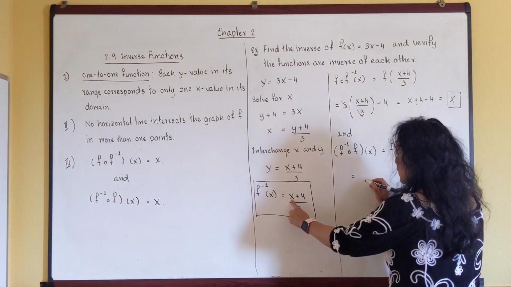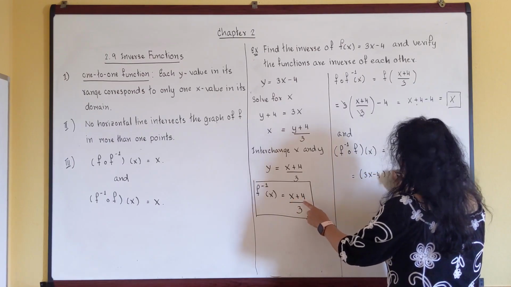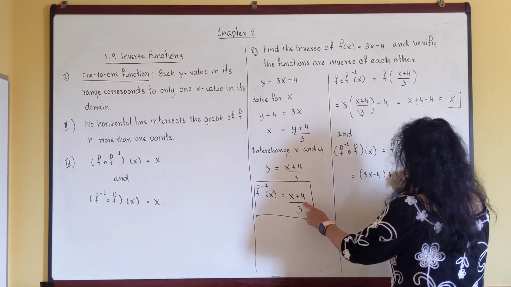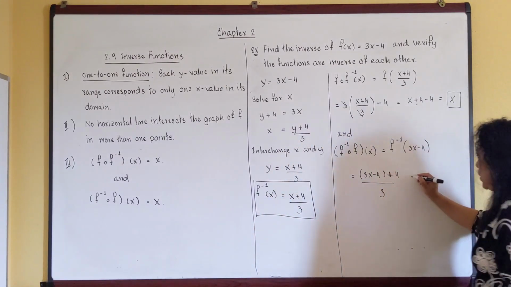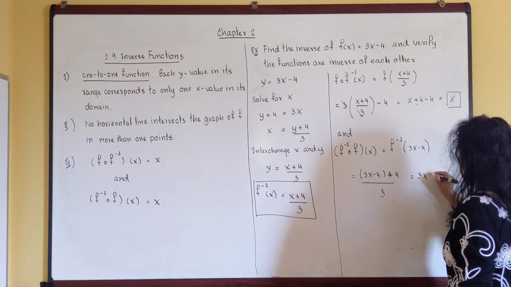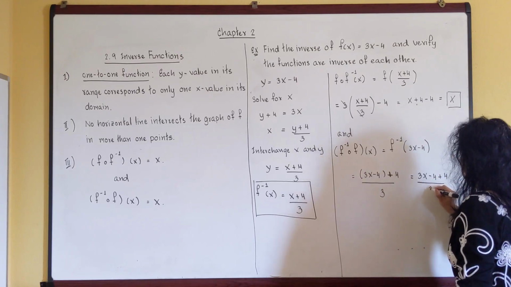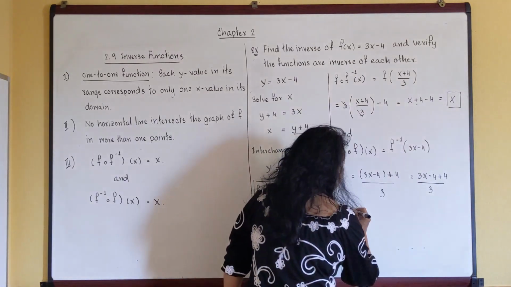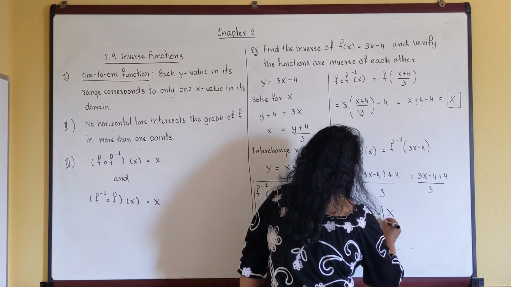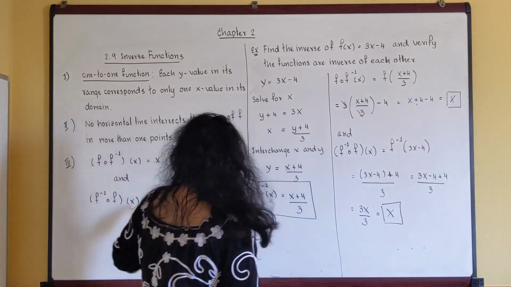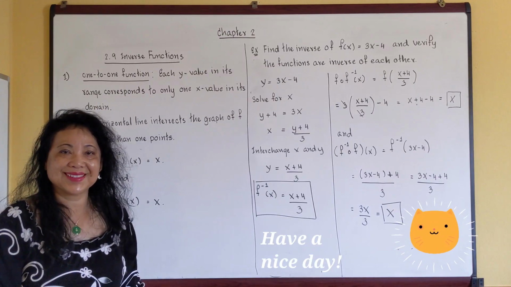So instead of x here, I'm going to have 3x minus 4 plus 4 over 3. So it's going to be 3x minus 4 plus 4 over 3, which is 3x over 3, which is x. So they are inverses of each other because I proved both directions. Right, we finished chapter 2. See you later.